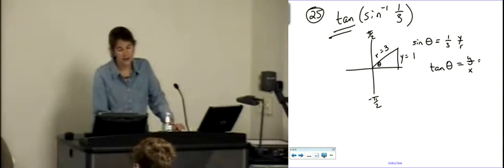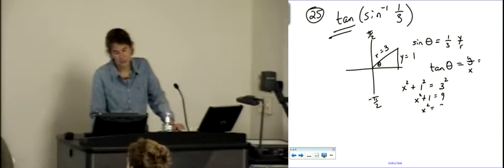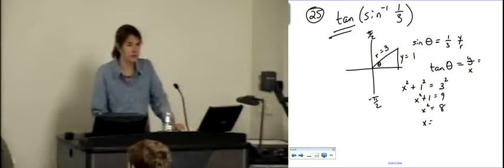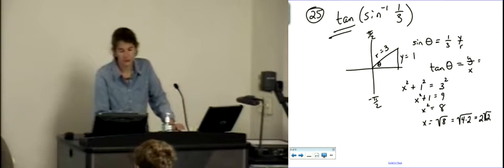So if tangent is y over x, we need that x value again. x squared plus 1 squared is 3 squared. x squared plus 1 is 9. x squared will be 8, and x will be positive or negative square root of 8. Positive square root of 8. But the square root of 8, we know 4 goes into 8, so we get 2 square roots of 2 for x.